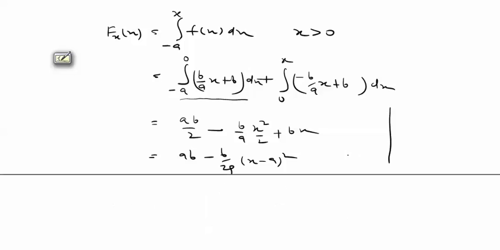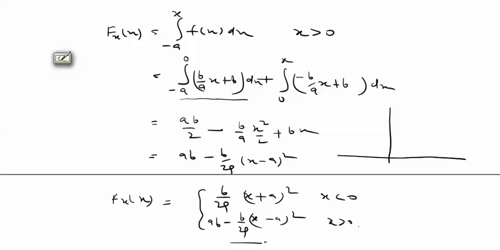Now the CDF for the given function, we can draw in this way. For negative, put the value at minus a location, it is 0. At 0 location, it is ab by 2, meaning half. It is a parabolic pattern. The parabola is located at minus a location.